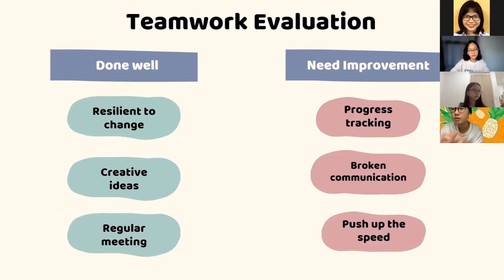Number two is that we kind of have broken communication. Sometimes we cannot reach one another, for example, lack of a common schedule. And the last one is that we've got to push up the speed because we are a little behind in our progress compared to other groups. So yeah, we've got to push up the speed.